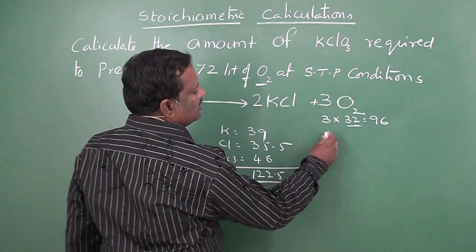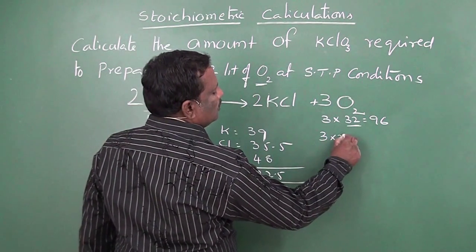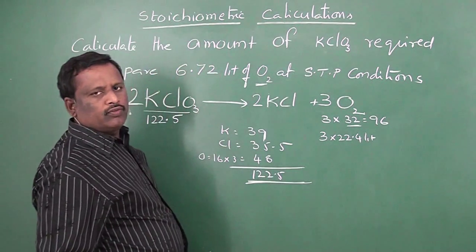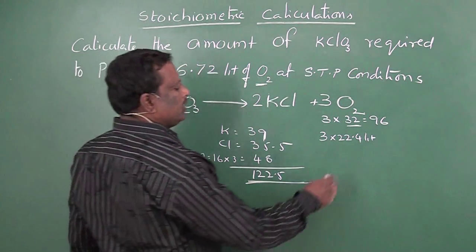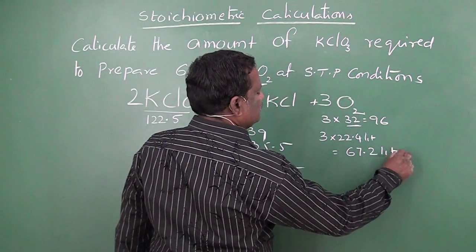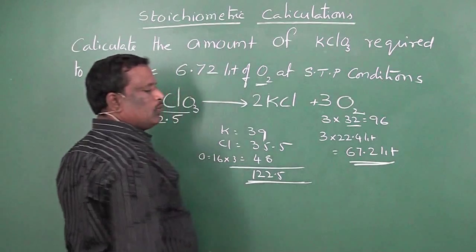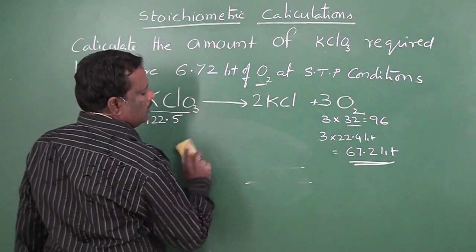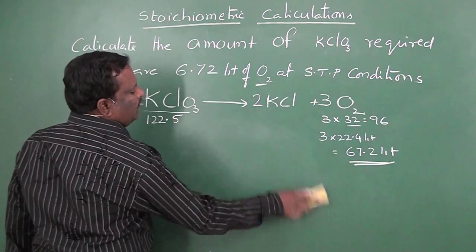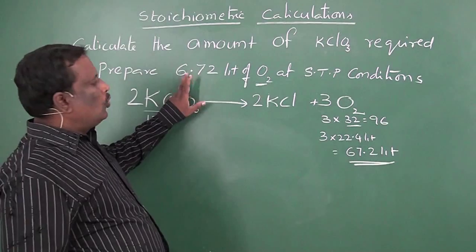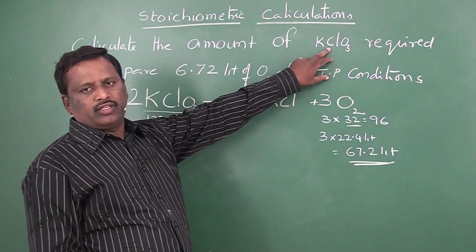So the volume of oxygen liberated is 3 into 22.4 liters, that is 67.2 liters. What they are asking is the volume of O2 gas, 6.72 liters, with what mass of KClO3.